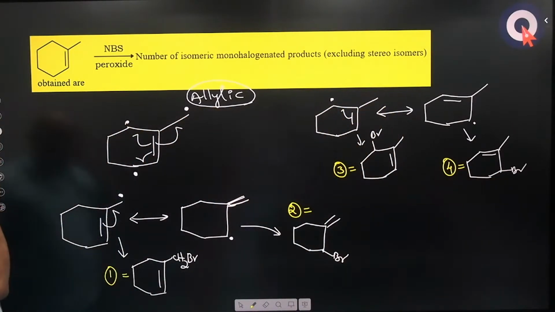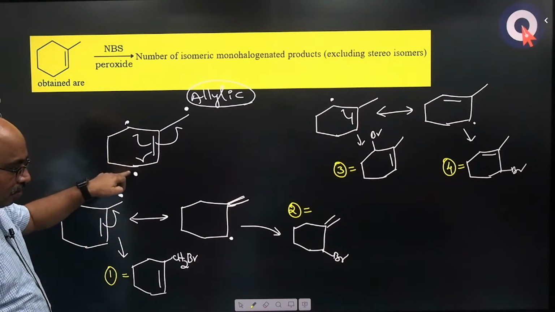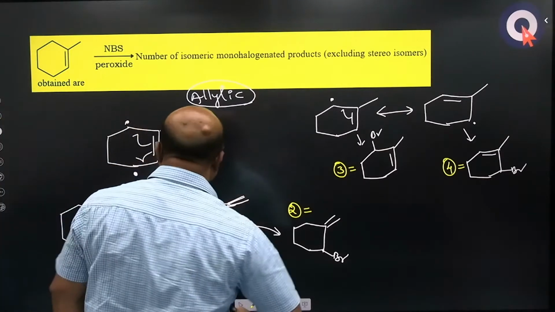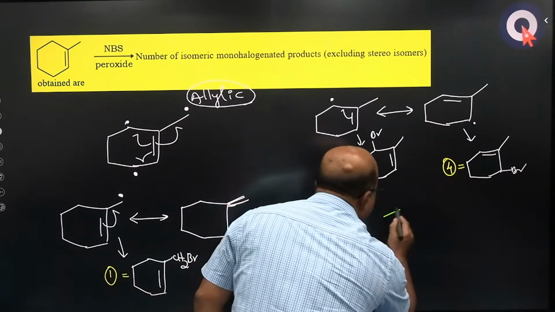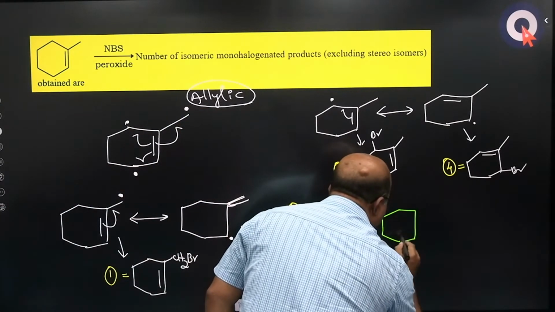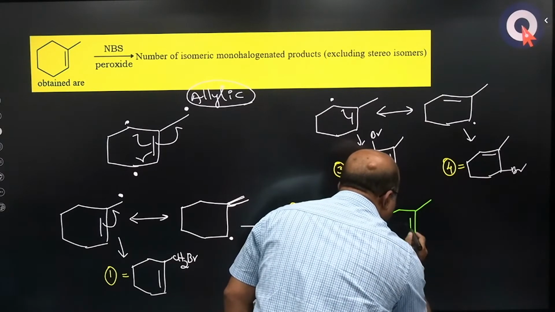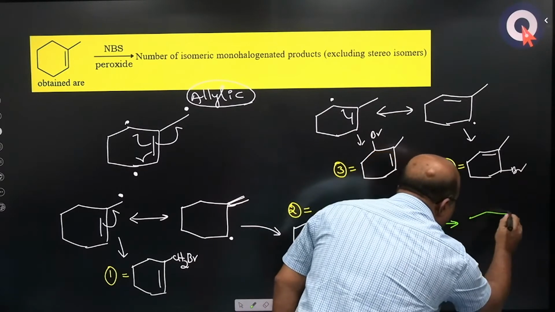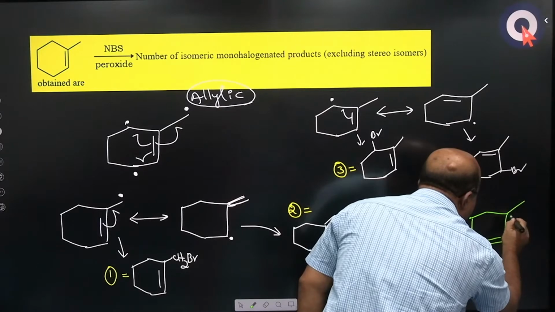What are the other possible cases that we got? Allylic carbon, this one. So what is the third one we are getting? Let us see. We got a radical here, the double bond is like this. Then this can resonate again like this, so you will see double bond formation here and the radical is here.